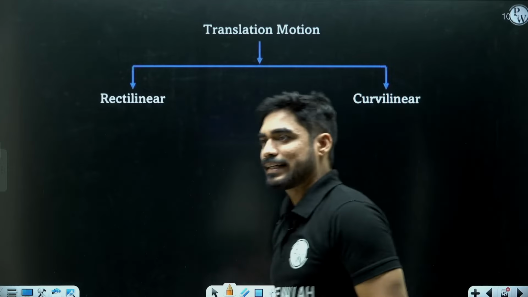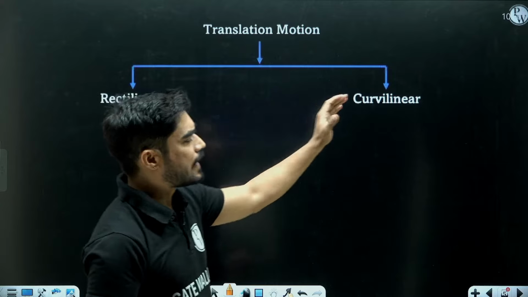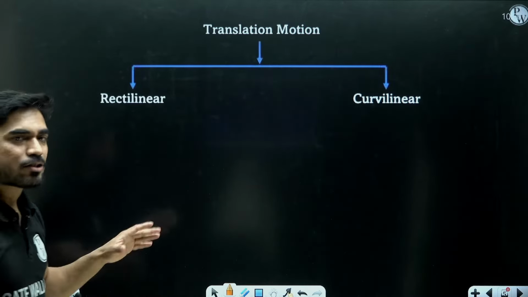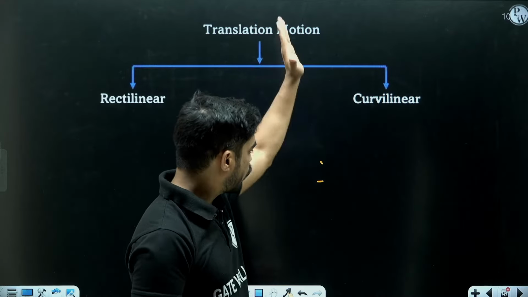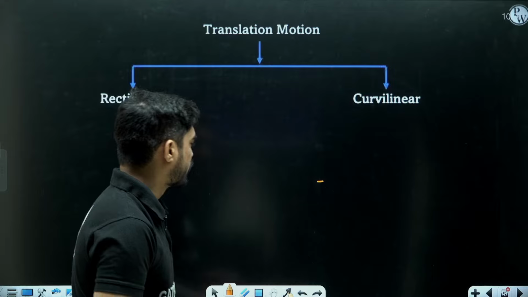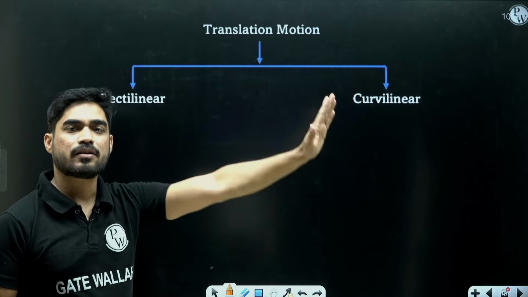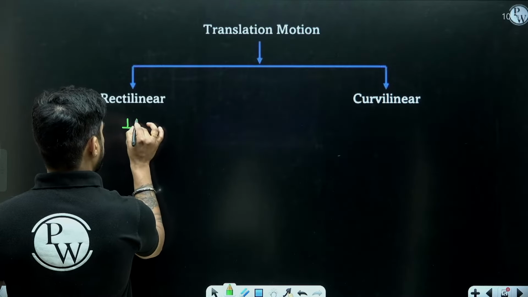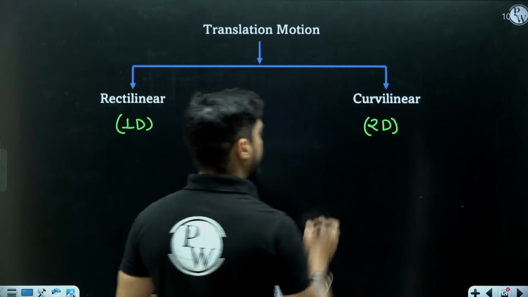So we know that translational motions are of two types, rectilinear and curvilinear. Rectilinear means the path of motion will be a straight line either in x or in y. But curvilinear means the path of motion is curved. So you can say that this is a one-dimensional translational motion and this is a two-dimensional translational motion.